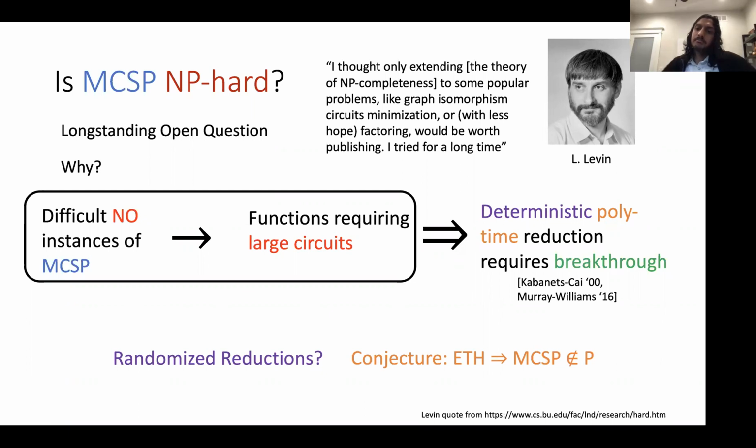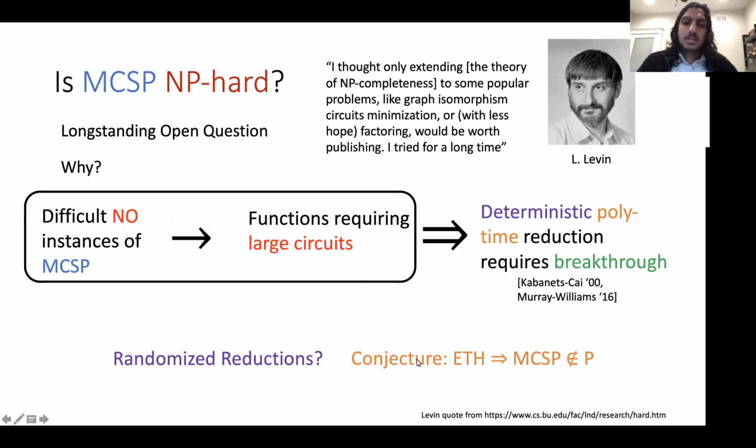Another thing is, instead of polynomial time reductions, what if I allowed you to use sub-exponential time reductions? Then all of a sudden you don't need to come up with functions requiring really large circuits, but you could get away theoretically with functions requiring linear size circuits.